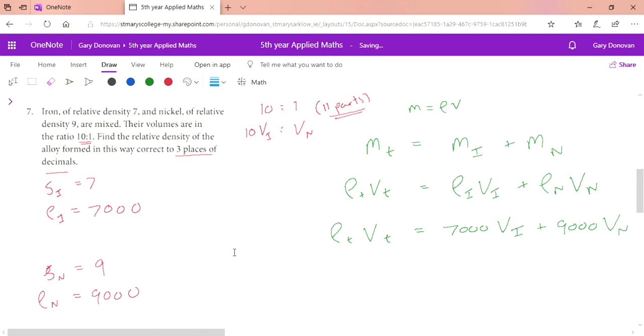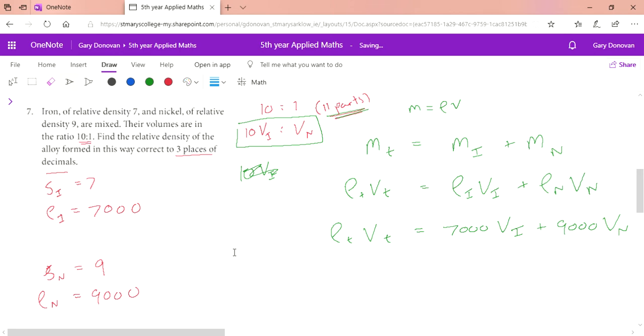Now, what you can do, there's two different ways you can do this. What I'm going to do here is write this as an equation. If we know the ratio is 10 times volume of iron to volume of the nickel, what we can say is there's 11 parts.